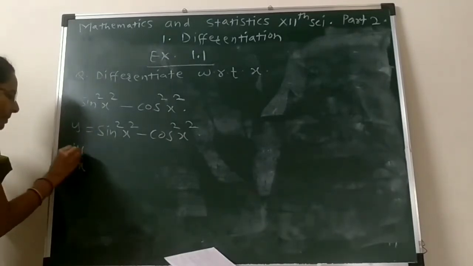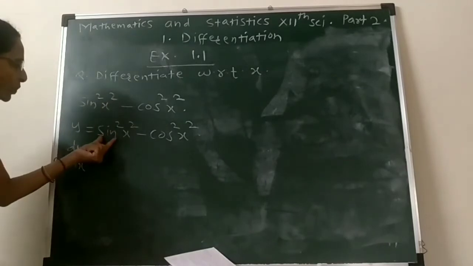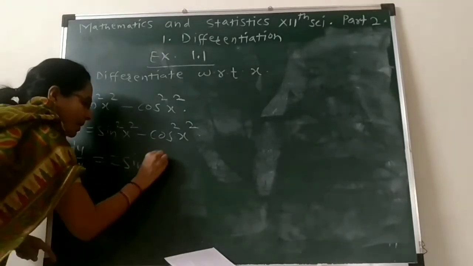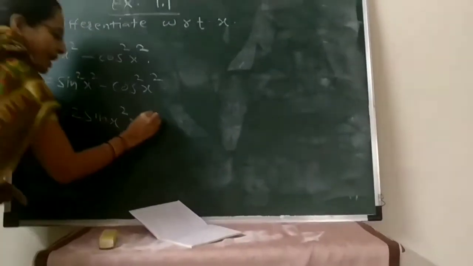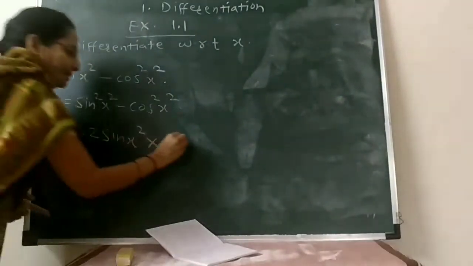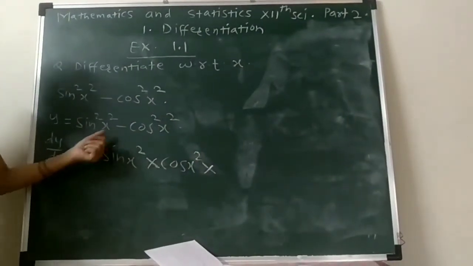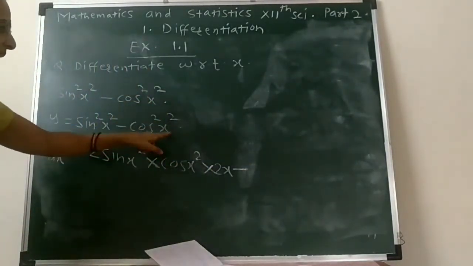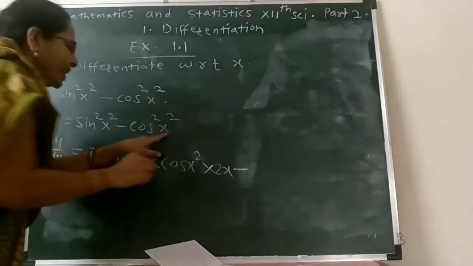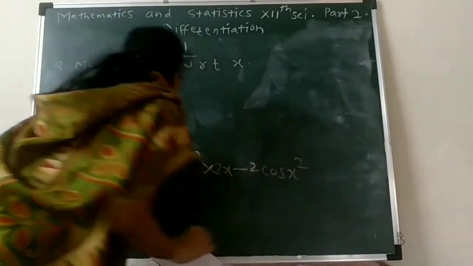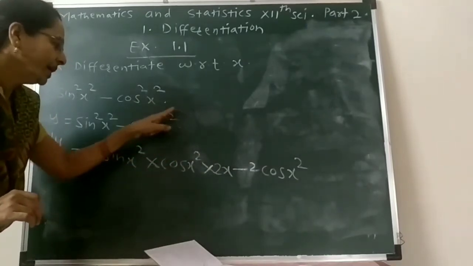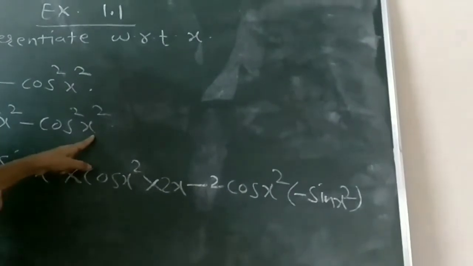Dy by dx is equal to sin square x square, derivative is x raised to n rule, 2 sin x square into derivative of sin x, which is cos x, that means here cos x square, into derivative of x square, which is 2x, minus cos square x square, derivative is 2 cos x square, cos x square derivative minus sin x square, derivative of x square is 2x.